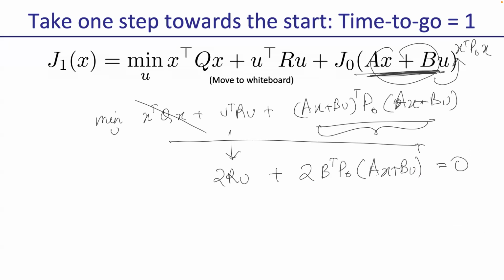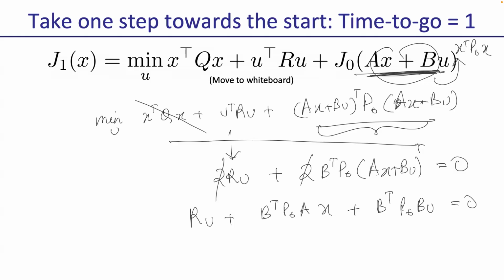Okay, so now let's simplify it some more. We can cancel out the 2's, right? So you'll get RU plus B transpose P naught AX plus B transpose P naught BU is equal to 0, right? And so what is U? All we did is we took the gradient, we set it to 0.